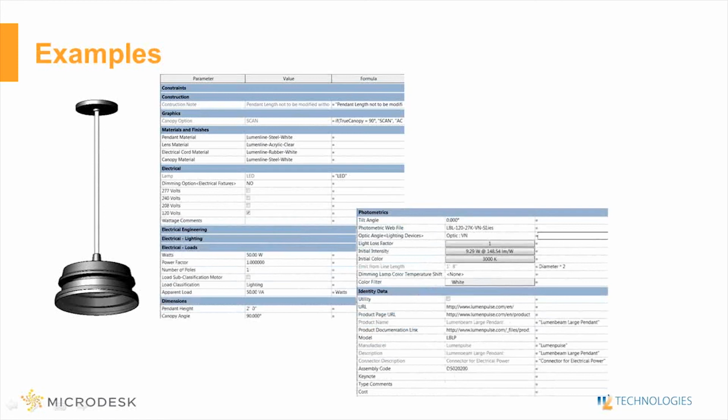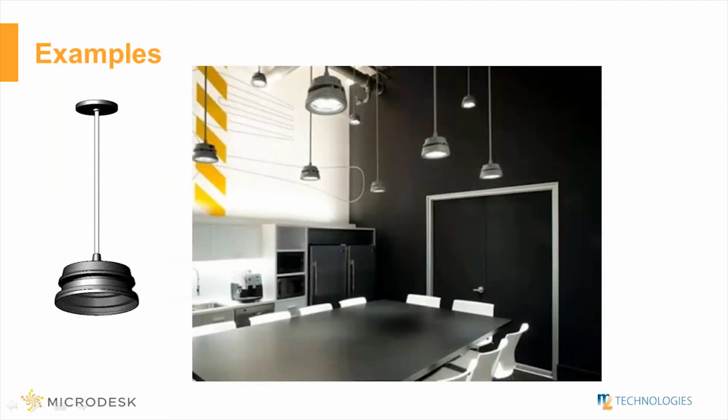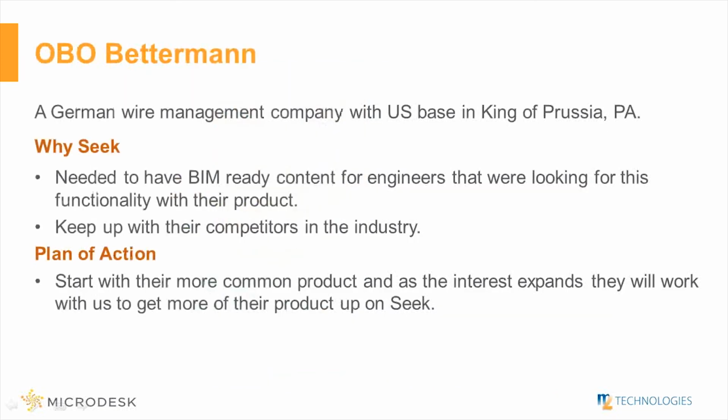As we change from a large light fixture to medium or small, this data will change for the model information, as well as if we choose a 277 volt versus a 120 volt light fixture. There are other options as well. I'm just using that as a generalization. And then this is just an image showing it in one of their buildings that they've actually used for a project.